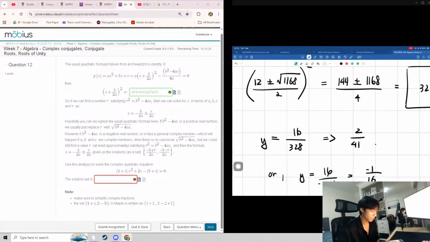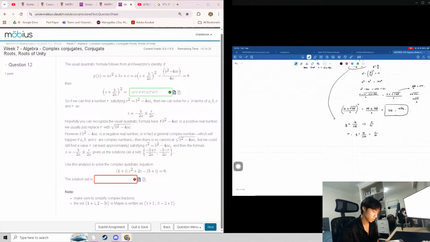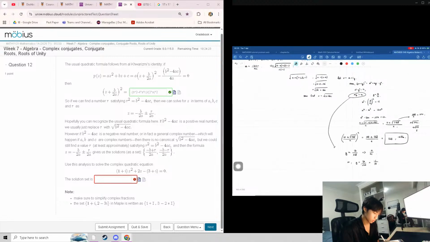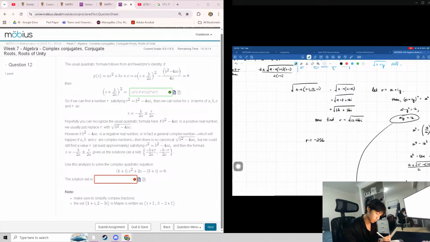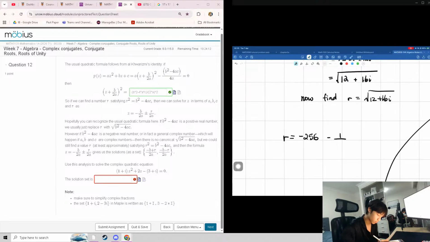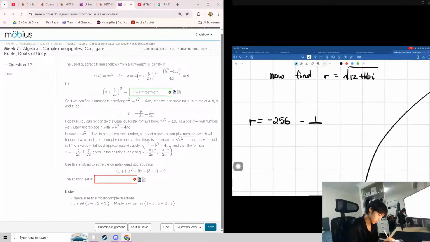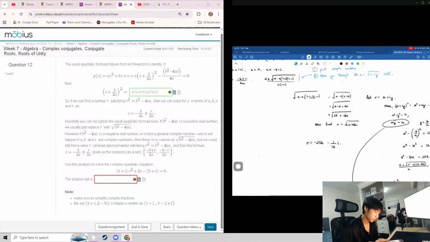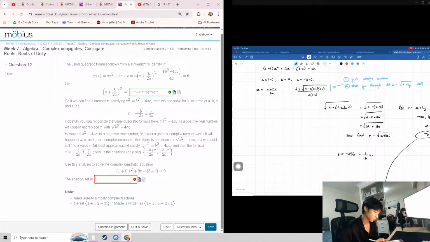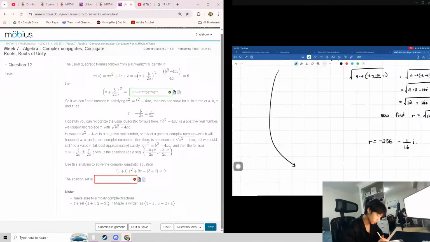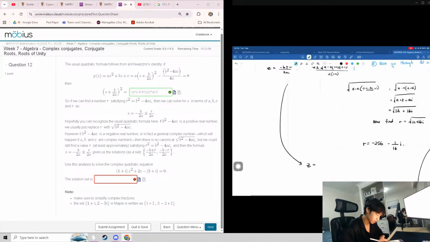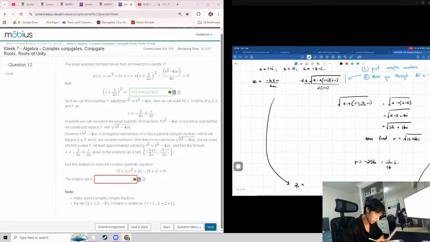Okay, it says just find one solution. I'm going to use this one. No, let's use this one. So r is minus 256 minus 1 over 16i. Okay. So now we're going to go back at it. The set is, what's minus b?